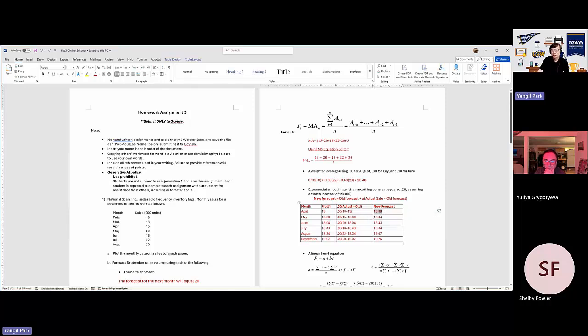Then we're going to use this for May, which becomes the old forecast, right? So we keep using this 0.2, which is a weight. Then 15 comes from, again, the previous sale, which is right here, April sale, minus the old forecast again. So you keep doing it, then you're going to get 18.04.